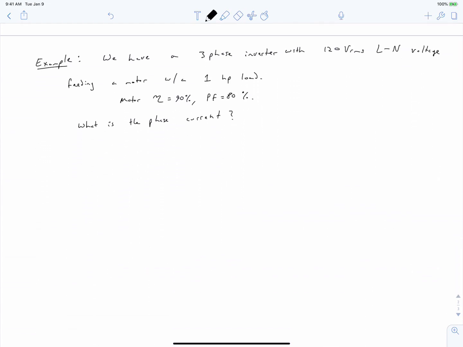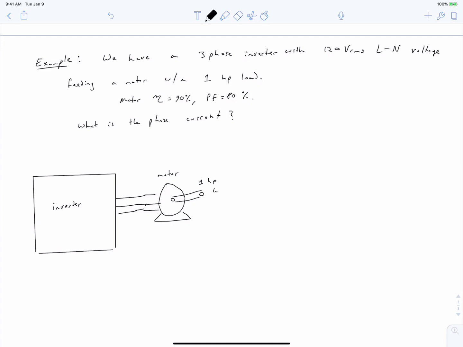In our second example, we have a three-phase inverter with 120 volt RMS line to neutral output voltage that is feeding a motor which has a 1 horsepower load. So we've got our inverter attached to a motor which is attached to a 1 horsepower load.